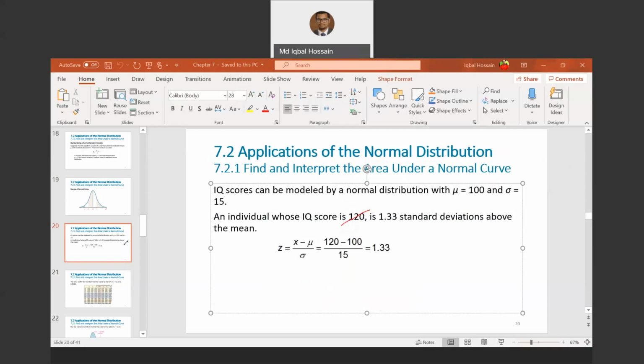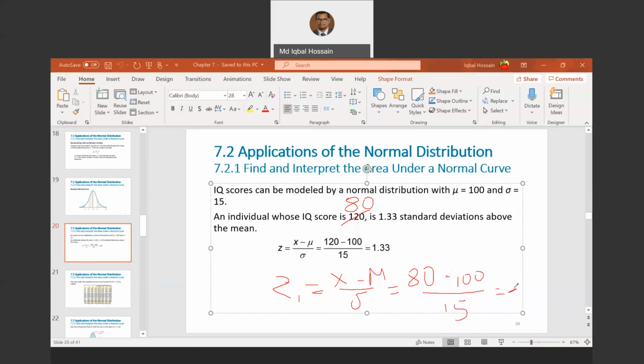Suppose the random person has an IQ score of 80. Then we will find the z score in the same way. We write x minus mu over sigma. The x value is now 80, mu is 100, the same, and the standard deviation is 15.